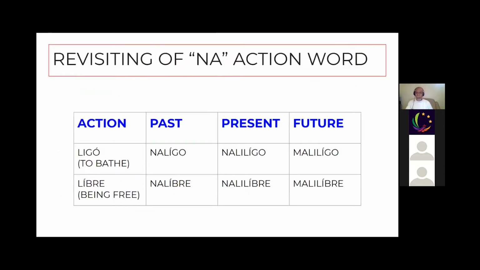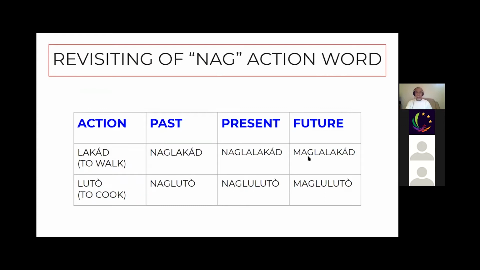So again, the conjugation for the "na," just to review, okay? The "na" for the past, "na" root, and then present, "na" first syllable root, and then future, "ma" first syllable root, which is similar to the "nag," right?